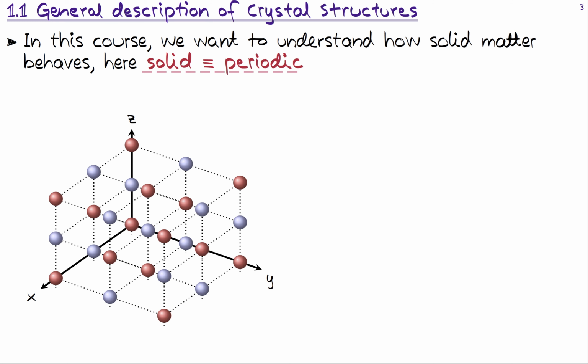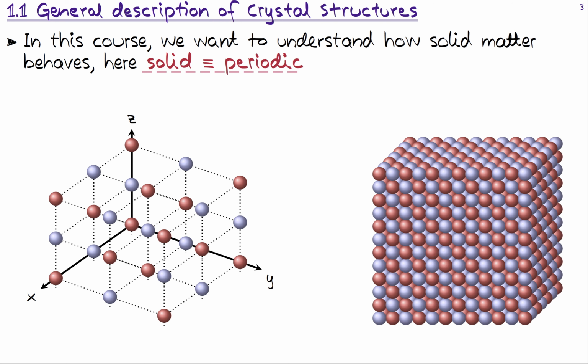And depending on how we fill the lattice, what kind of atoms we put there, and where we put them, the actual macroscopic properties of the solid will change dramatically. And this is another picture roughly showing what kind of structures we are dealing with here, what kind of solids: periodic solids.